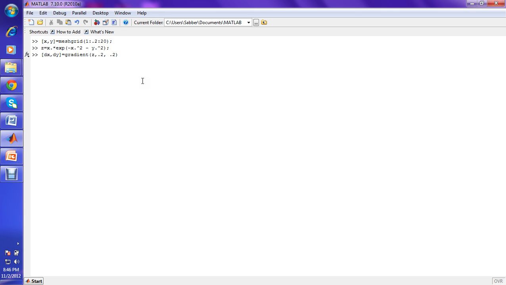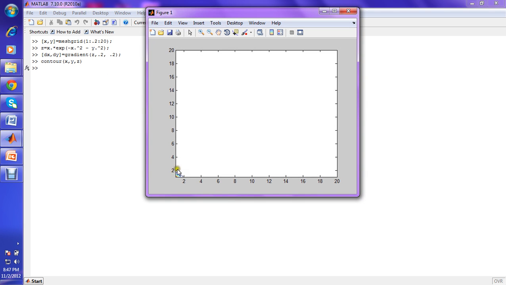So we'll get the gradient here. Then we can find the contour, that means we'll get the isolines of g. So contour of x comma y comma g. We've got the contour here.